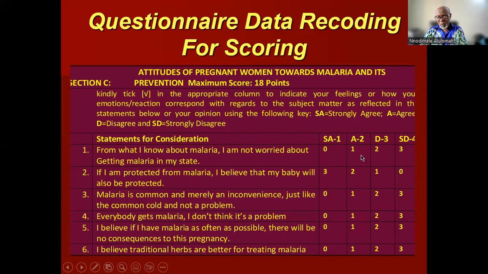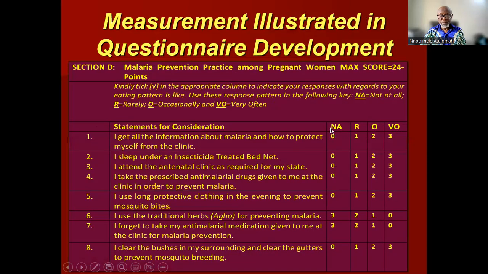So when all of them are aggregated, you aggregate all the zeros, no matter how many items there are, it will still be 0. If there are 7 items, 7 times 0 is 0. If there are 7 items and 3 is the maximum, 7 times 3 will be 21, and so on.